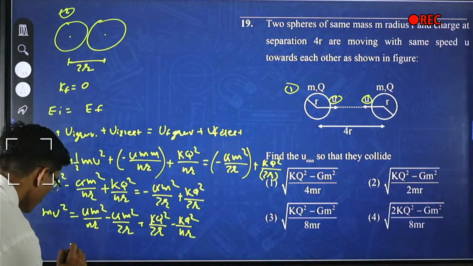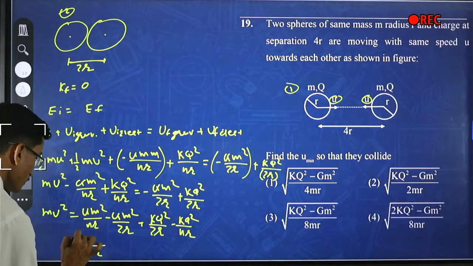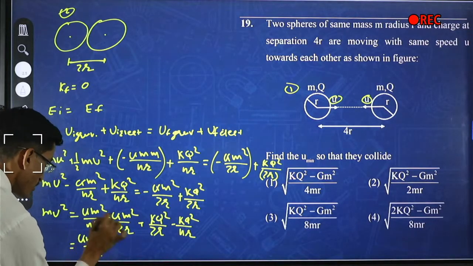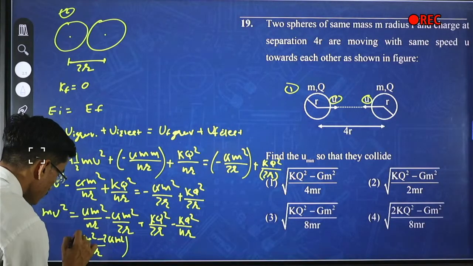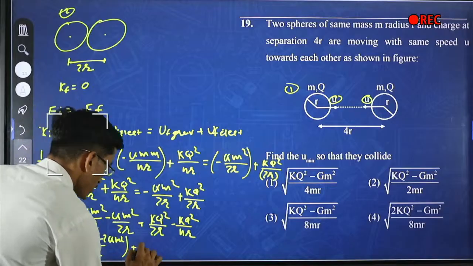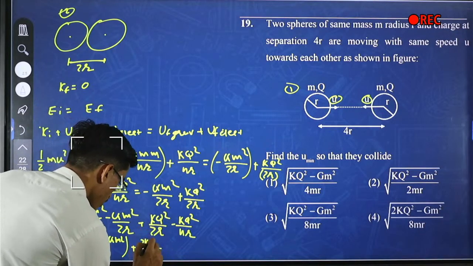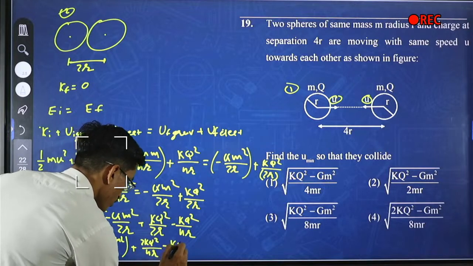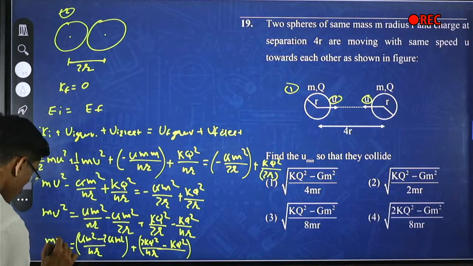Further simplifying, after taking LCM as 4r, G m square minus 2 G m square, plus 2 k q square minus k q square, gives m u square.